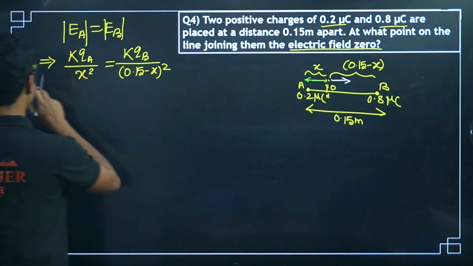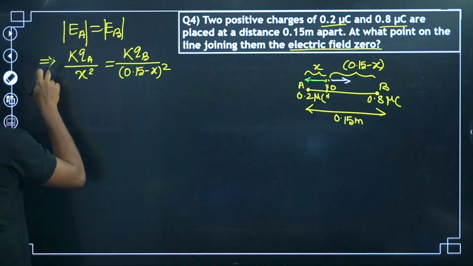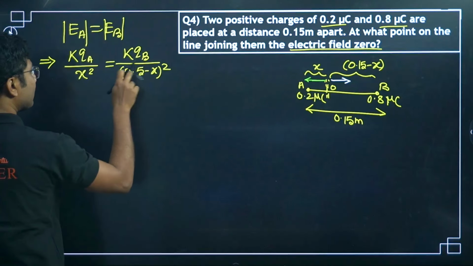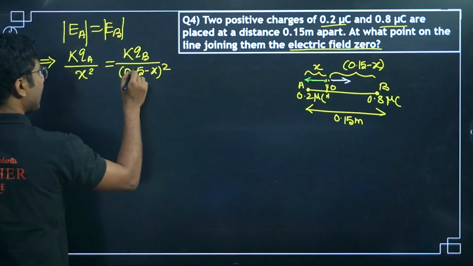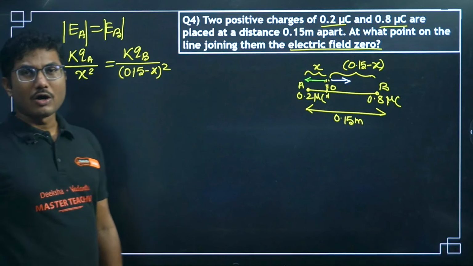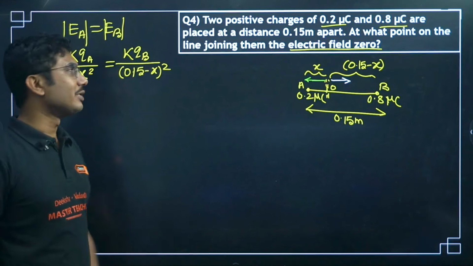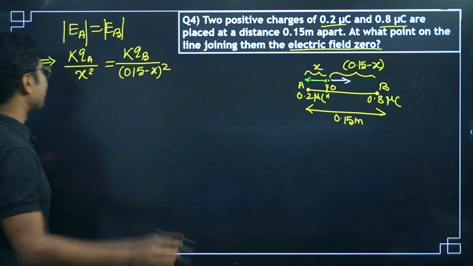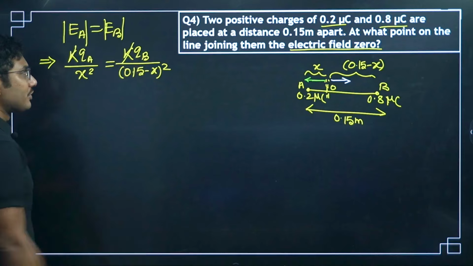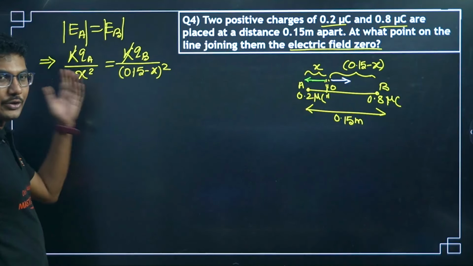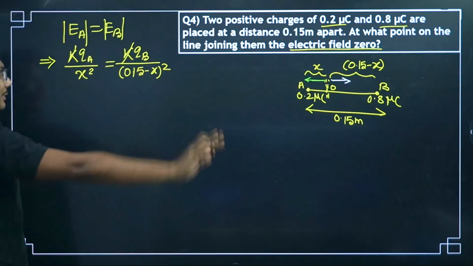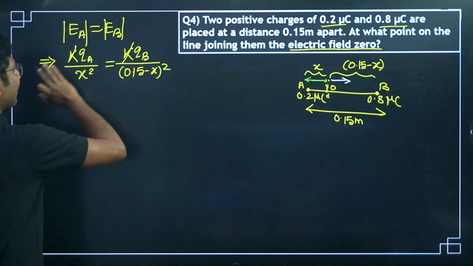Remember there is a square over here. This is also a point where students make mistakes, because they forget to put the square or do the square in actuality. So K cancels on both sides, right. It's an equation, so you can cancel the same terms. The 9 into 10 to the power of 9, you don't need to write it, it will be cancelled.